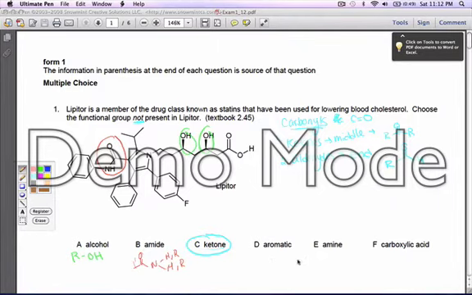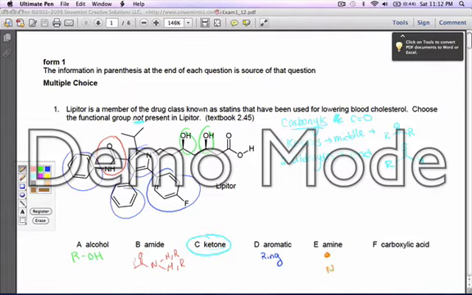Next we have aromatic. An aromatic is something that forms a ring. So ring. And if we notice, we have one here, one here, one here, and one over there. Now we have an amine. So let's draw ourselves an amine, and an amine does not have a carbonyl.